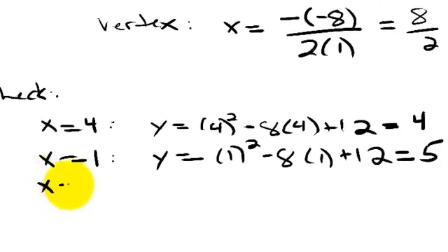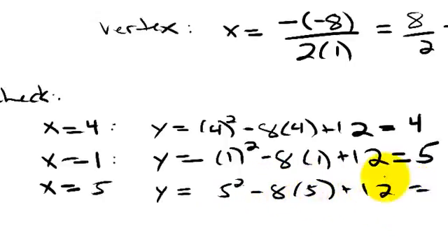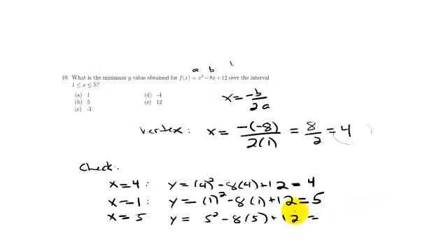And x equals 5. It'll be 5 squared minus 8 times 5 plus 12. And so you plug that into the calculator, and we get negative 3. And why did that happen?